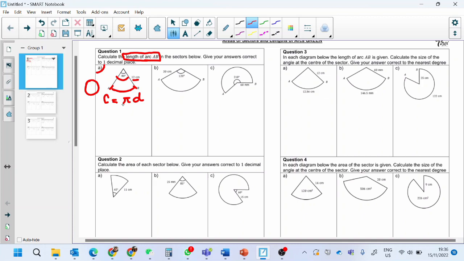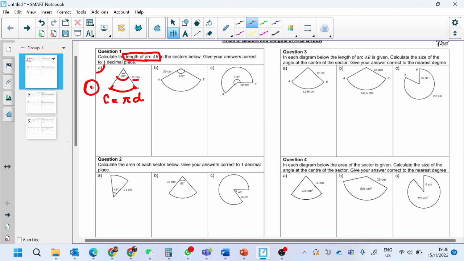Now we have been asked to find only this portion, right? If we have some portion of the whole circle, it's not a complete circle, it's just some portion. So what we have to find is what this portion is out of the whole 360.